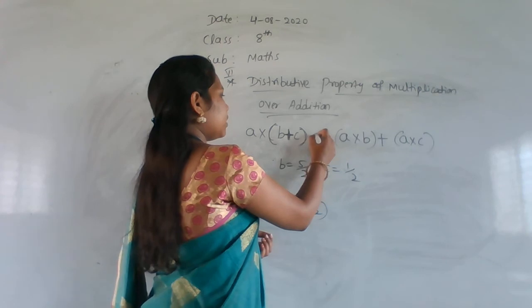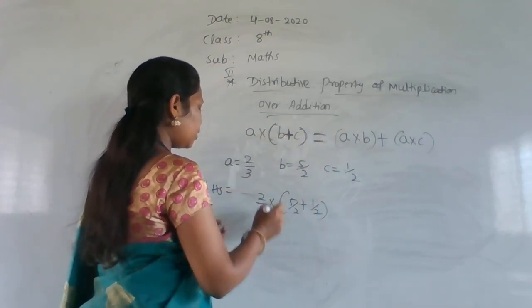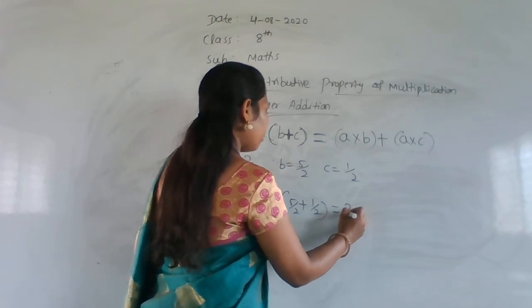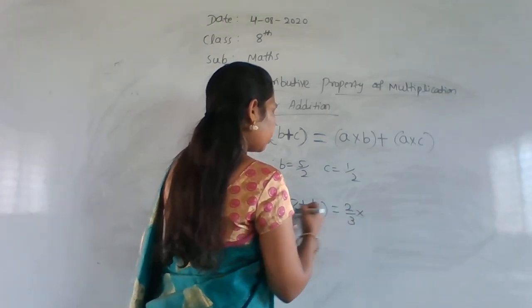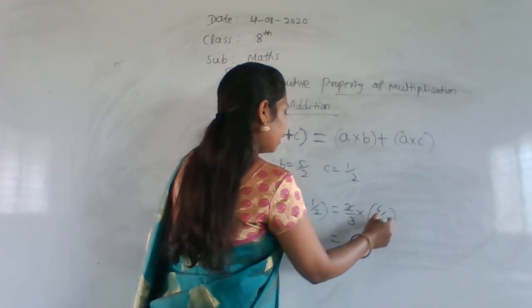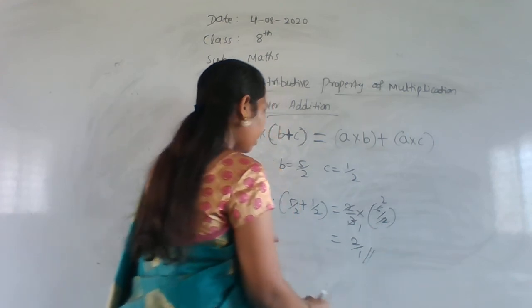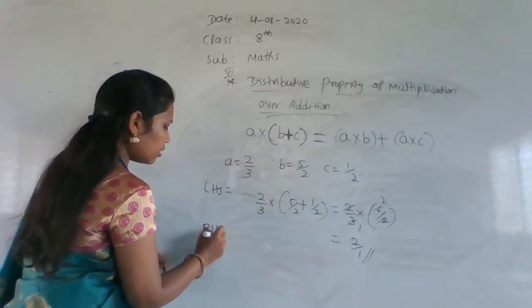This is the LHS. If you add these, that is 6 by 2 only. Now multiply: 3 ones are 3, 3 twos are 6, that is 2 by 1 you will get. And now take the RHS value.